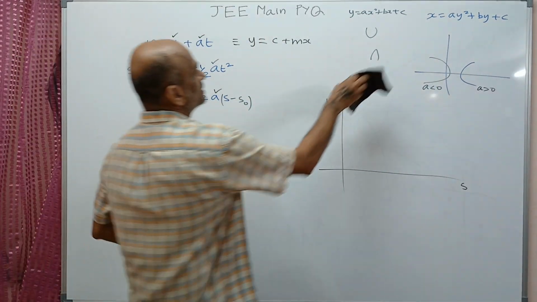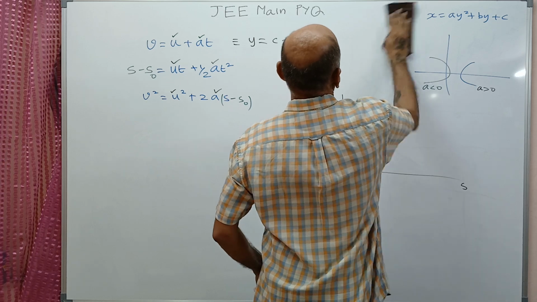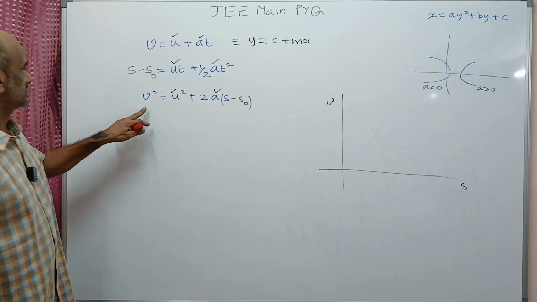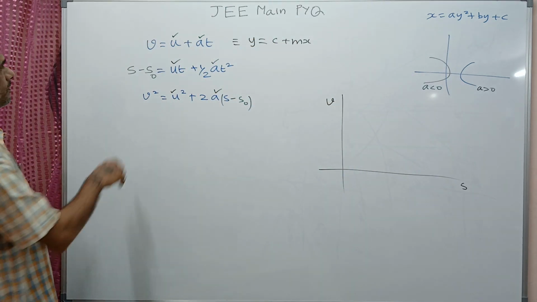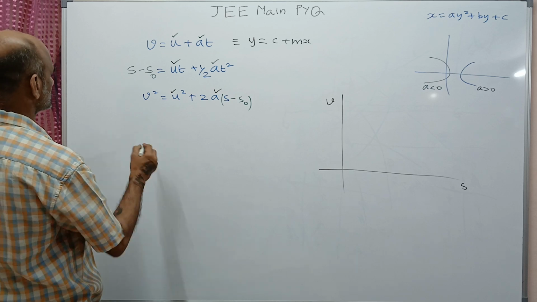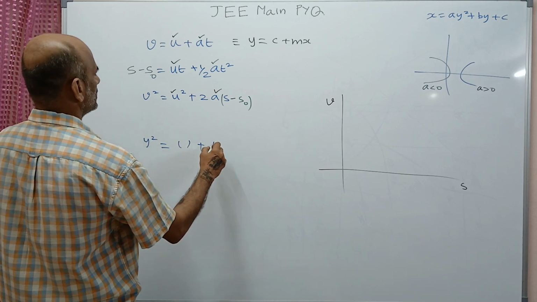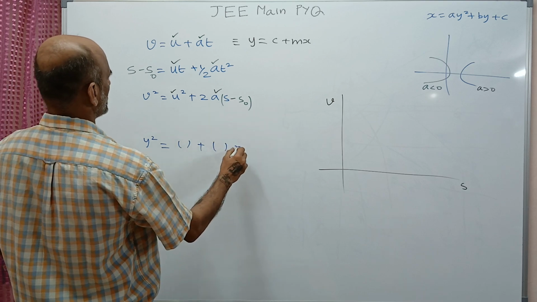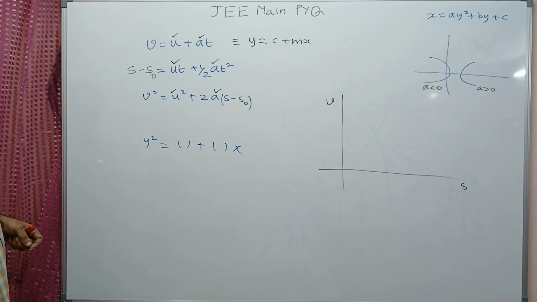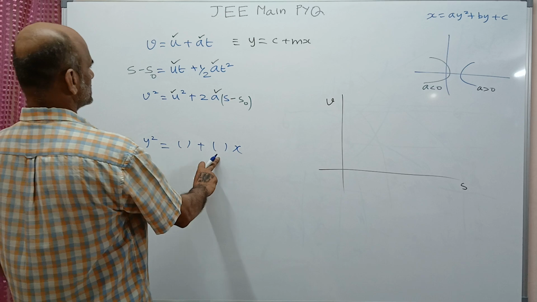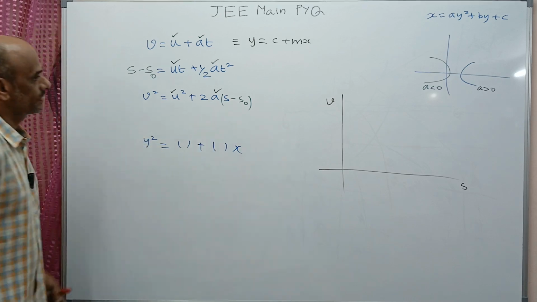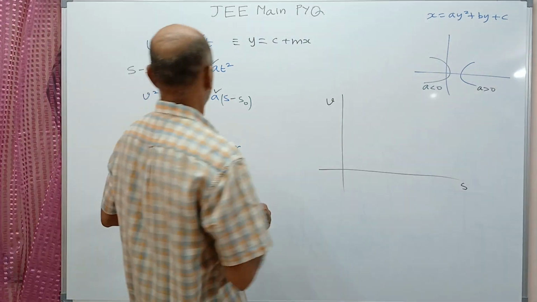So with that basic idea, you can figure out the graph of this one. This is the y-axis. This is of the form y squared equal to some constant plus some constant into the x value. So this parabola, if a is positive, will look like this.